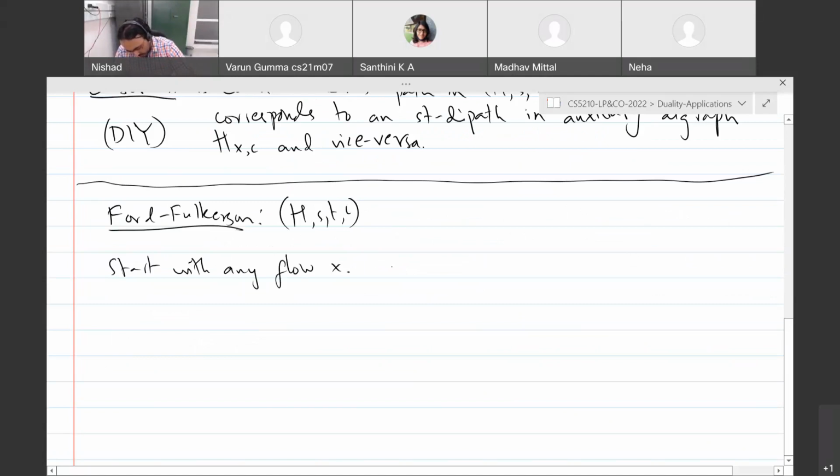Possibly you could just take the zero flow. Then we have the following loop.